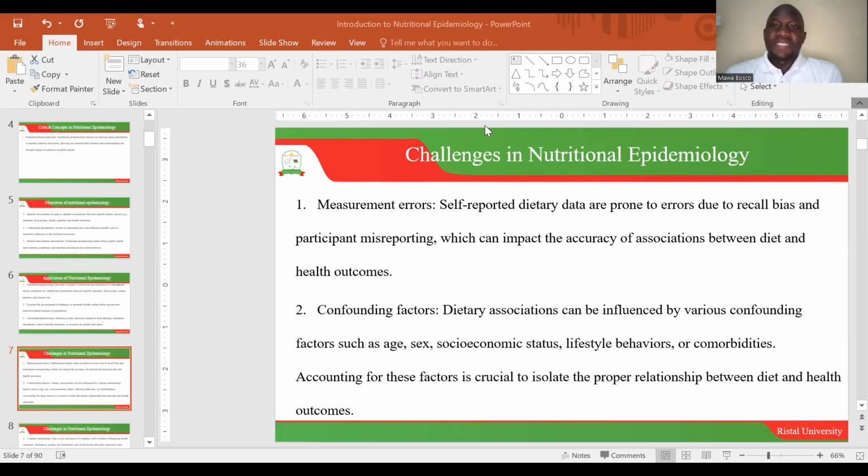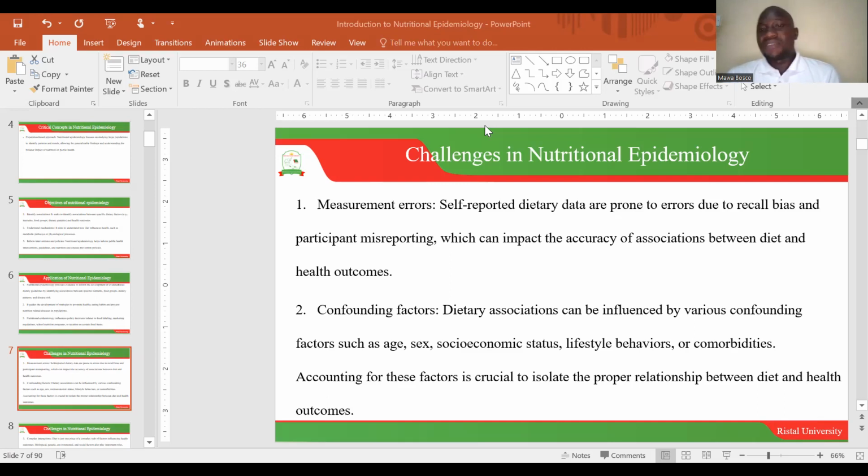Maybe the person is eating vegetables, yes, but that person still is exercising. So that means that if you're investigating vegetables with hypertension, when you neglect that the person might actually be exercising, and that exercising is also contributing to the reduced risk for hypertension, then you're not doing something right.